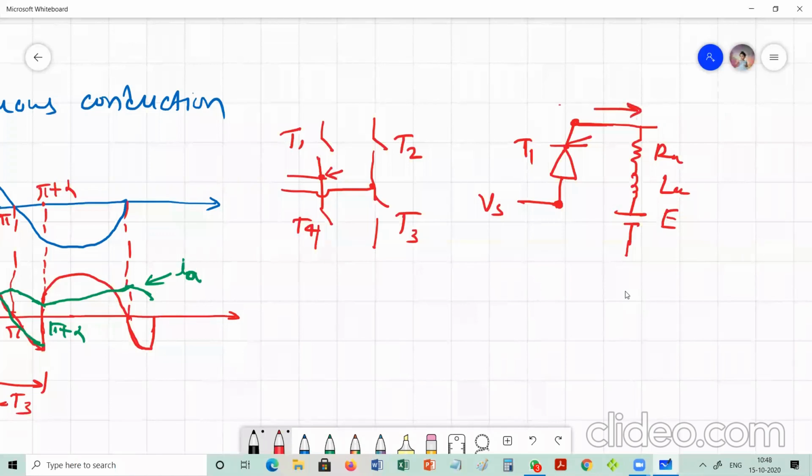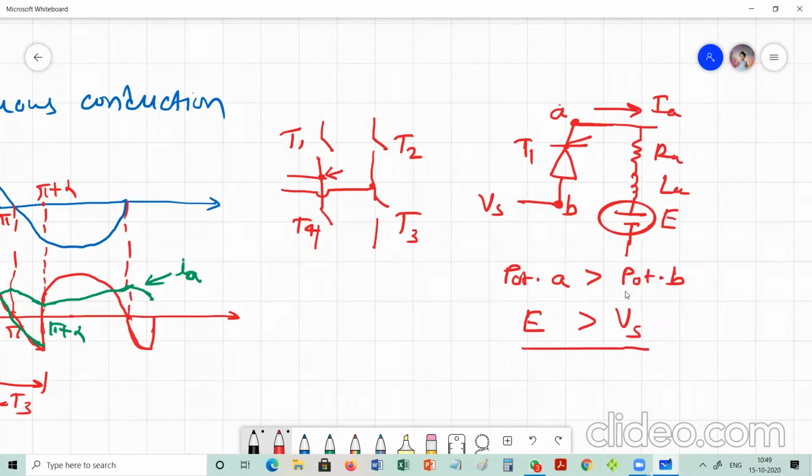When it is forward biased, the current Ia will flow like this, and when the current Ia is 0, I will call this point A and this point B. The potential at point A is greater than the potential at point B. The potential at point A is governed by back EMF E, and the potential at point B is equal to supply voltage Vs. So when E is greater than Vs, there will not be a flow of current.